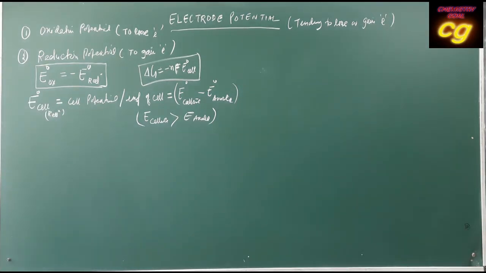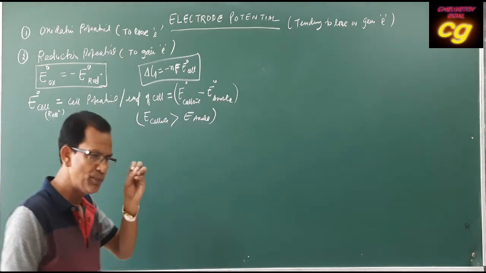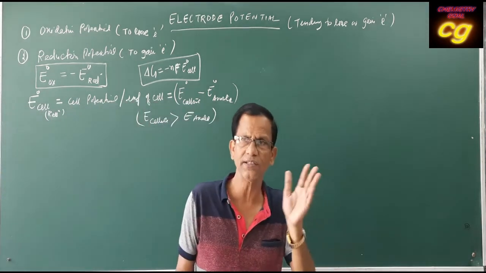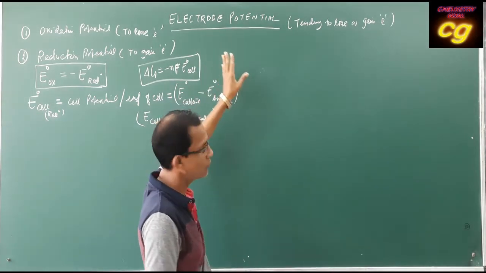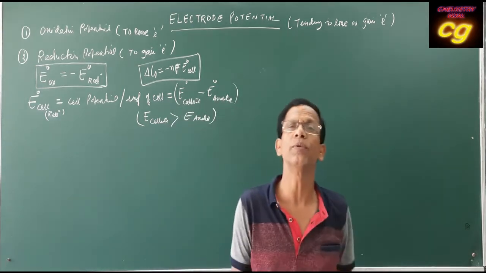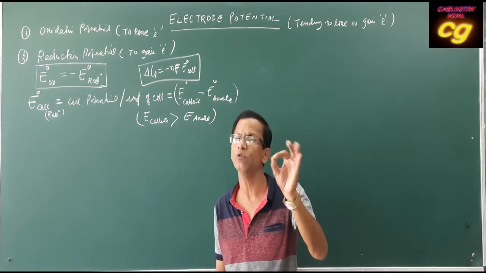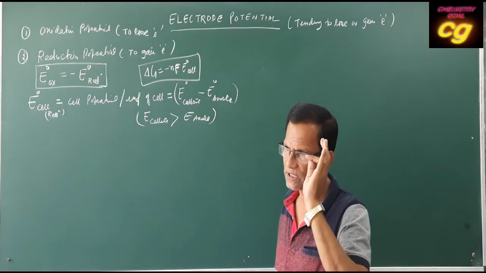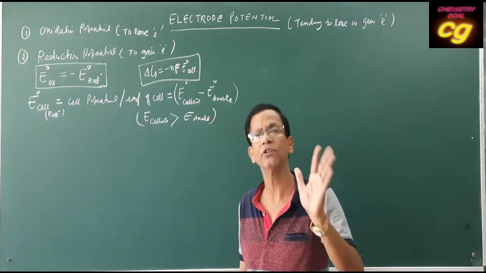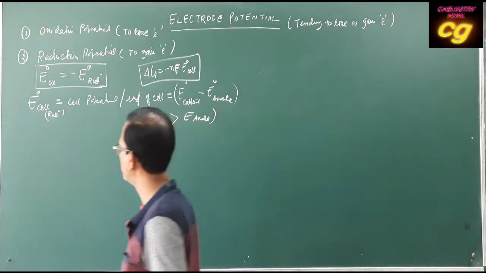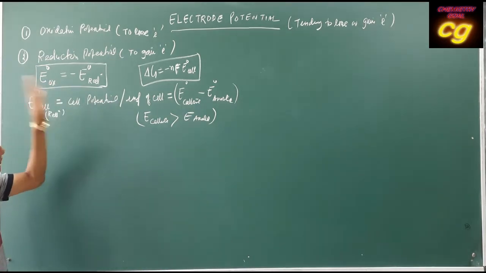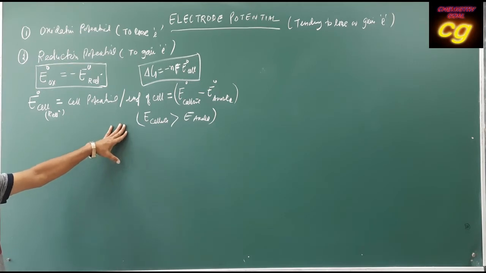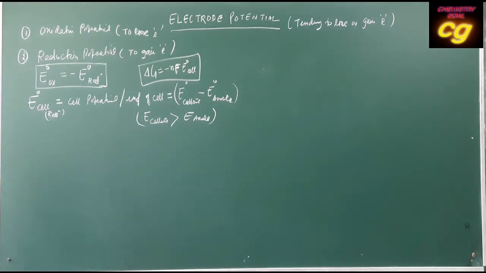Every element, every substance, has a tendency to lose or gain electrons. Normally the electrode potential is expressed in terms of reduction potential.